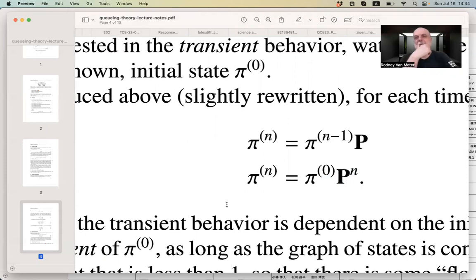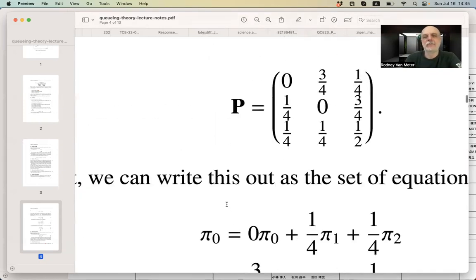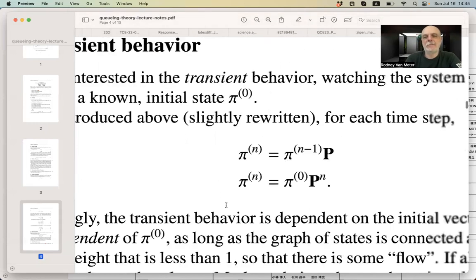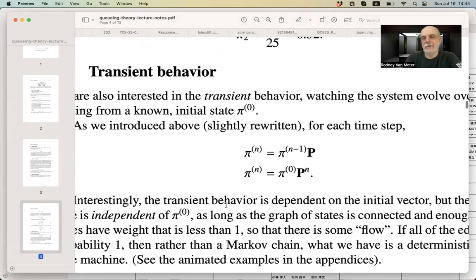Using this equation, then we can find the probability of being in particular states after n time steps. We can find that just starting from the initial state and knowing this matrix P, like our transition matrix up here. If we know that, then we can calculate this, and it's just like doing the steps that we saw earlier, including whether or not you actually graduate from the university, right?